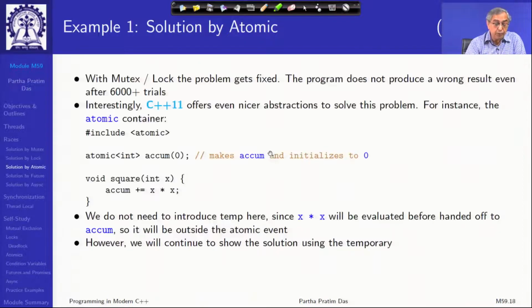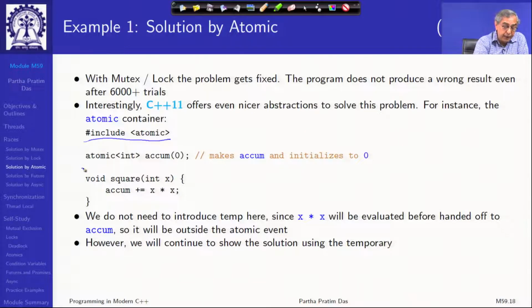The third solution is what we have seen in the last module also, that you have a component atomic by which any variable which needs to be updated in a critical section or needs to be updated safely by multiple threads can be declared as atomic. So, I am again explaining that.